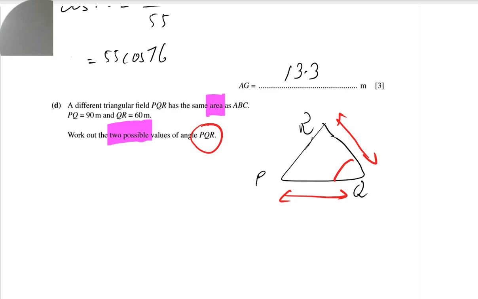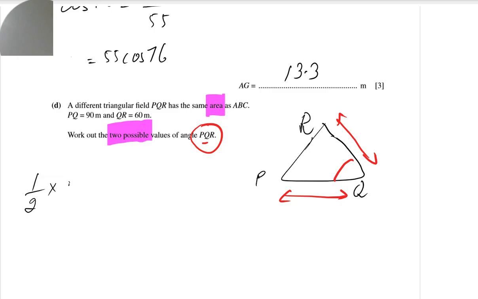Angle PQR, as I said, the center one, and we are given sides PQ and QR. Okay, so we can put it on one side. The formula for the area of a triangle will be given in the formula sheet.